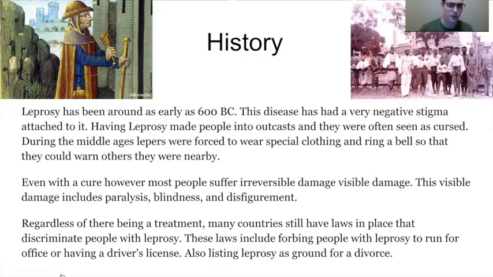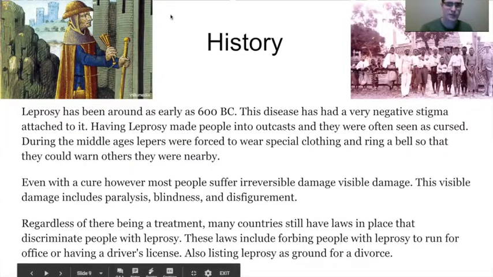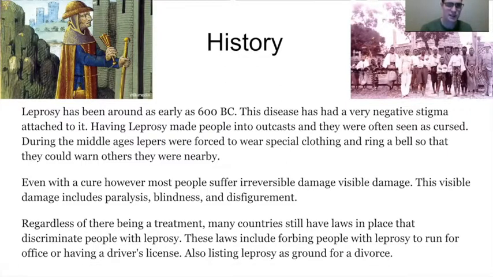Even though leprosy has a cure, it leaves the person with irreversible, visible damage. This visible damage can include paralysis, blindness, and disfigurement. So even with people being cured of leprosy, there's still a negative stigma around them because they carry the aftermath of leprosy.